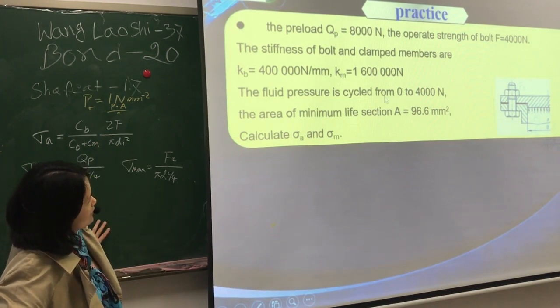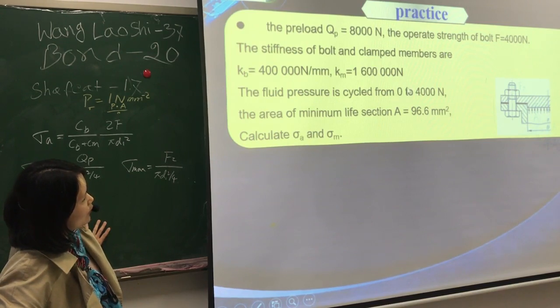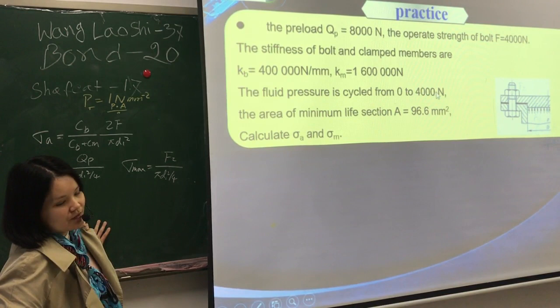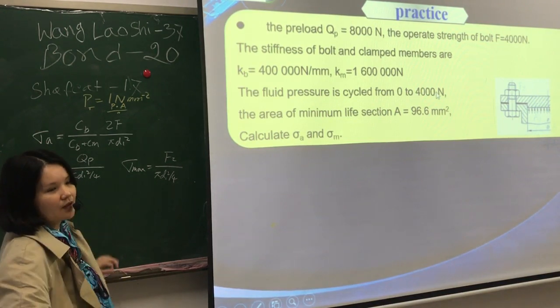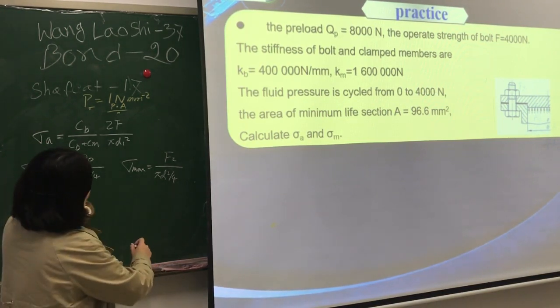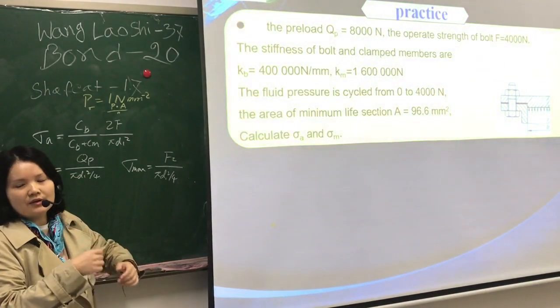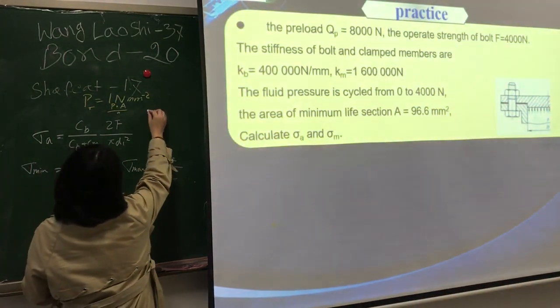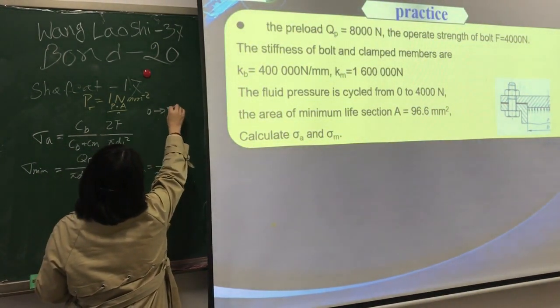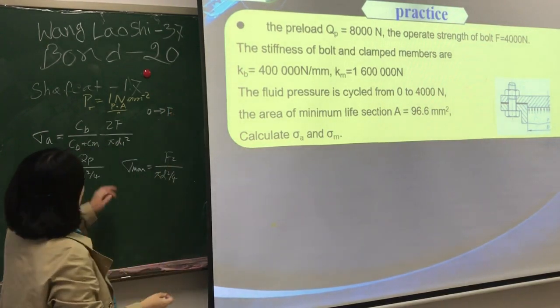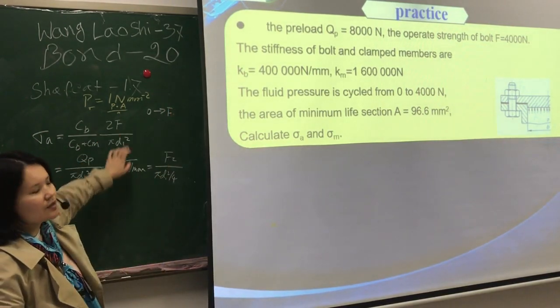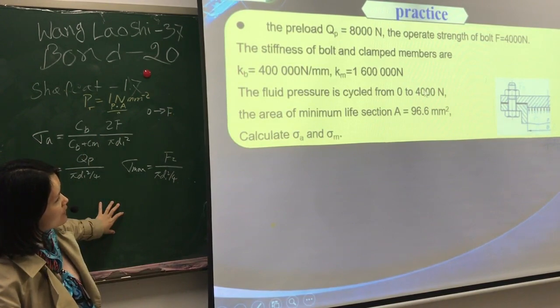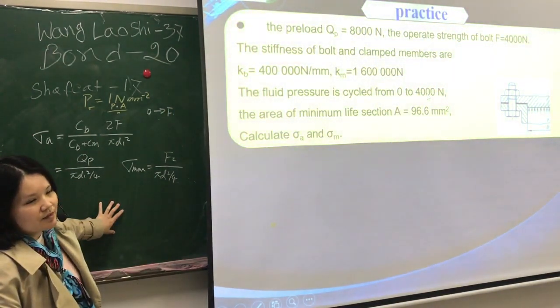Stiffness of the bolt and stiffness of the members, and F is the pressure cycle from 0 to 4,000, and for the fluctuating stress, the actual stress is from 0 to F. So we know F is the maximum value, 4,000.